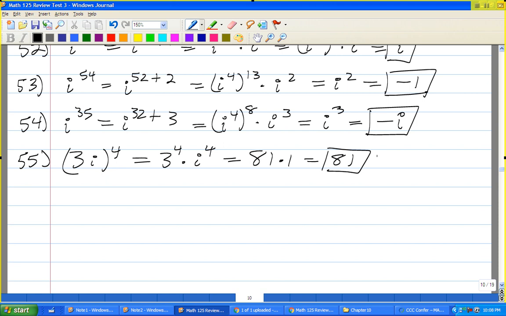Okay, let me do problem number 56. Use the square root property to solve the equation. 4x squared minus 60 is 0. Let me add 60 to both sides of my equation.